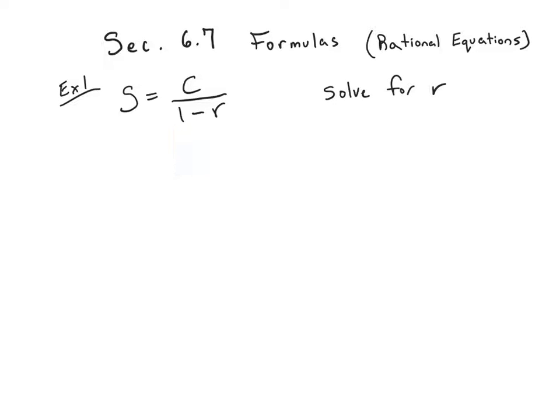S is going to be how much the sales price is, how much it sells for. This C is going to refer to the cost to the seller. And this R represents the markup rate.